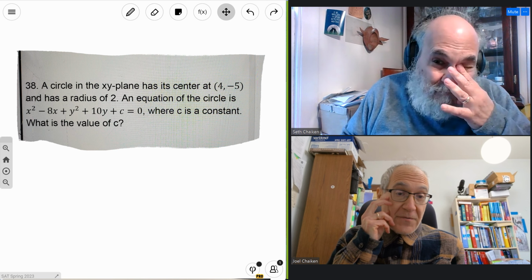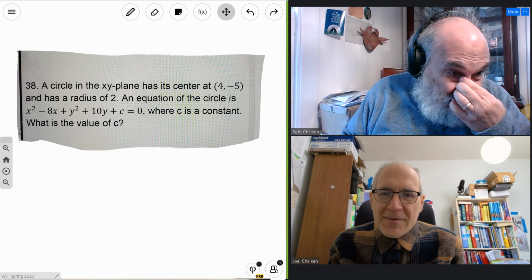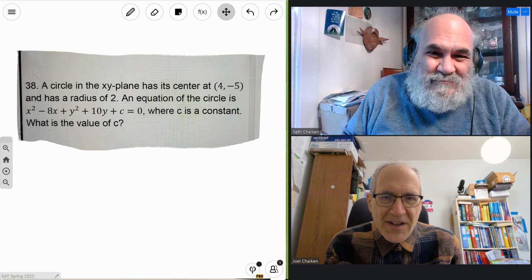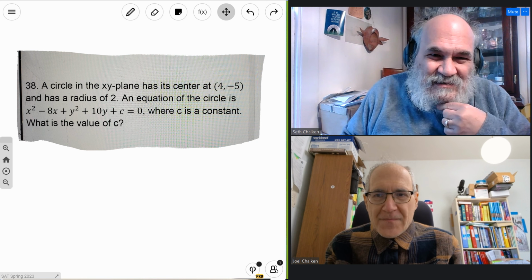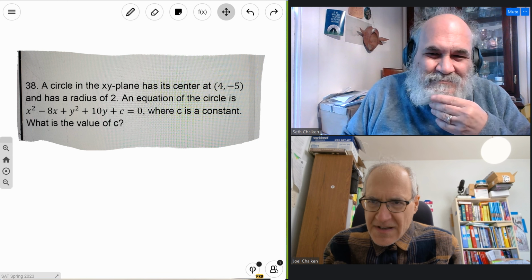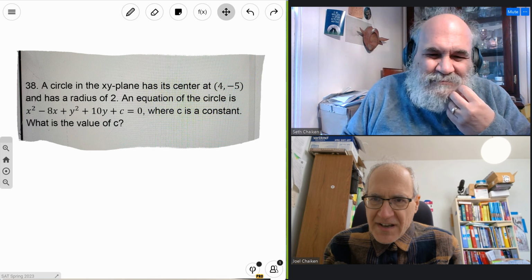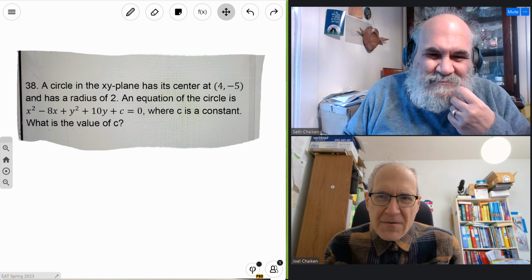At first I glanced at it and thought we would complete the square, but no. You just plug x is 4, y is -5 into the equation, and the other side has to equal 4, right?